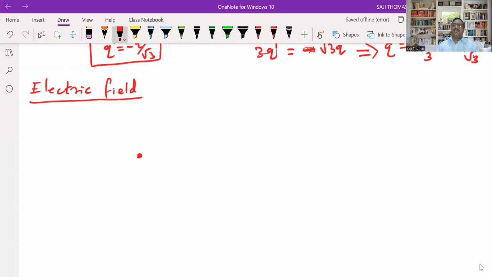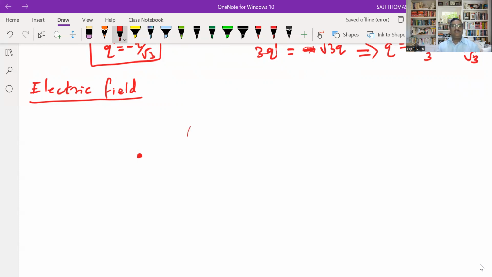When other charges come near it, those charges experience force due to it. This region around a charge where other charges can experience force is called its electric field.